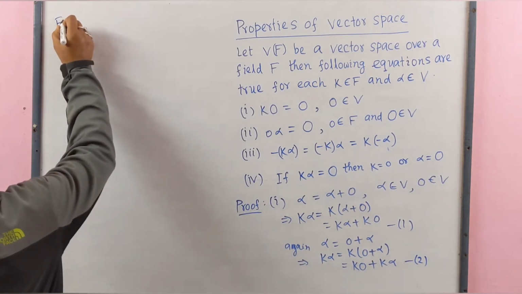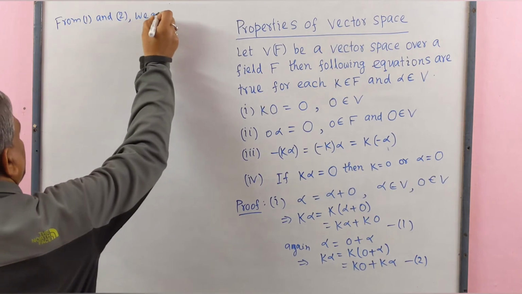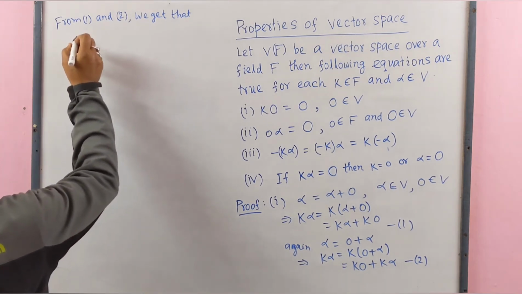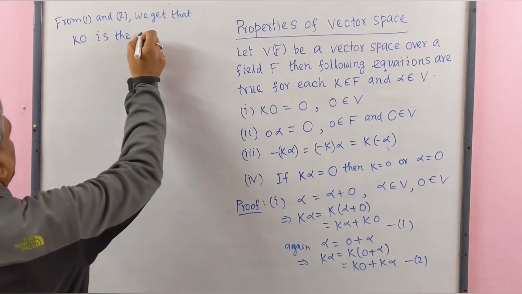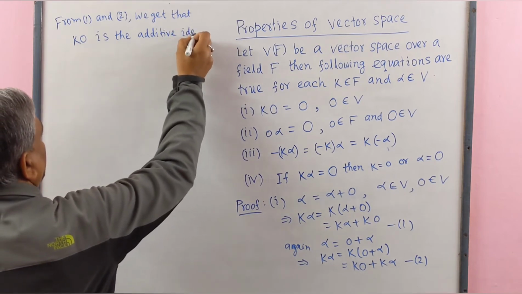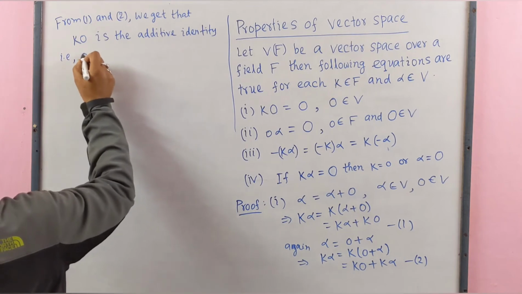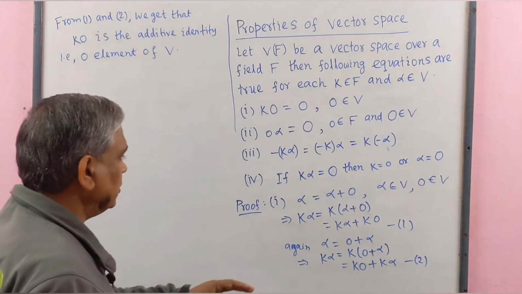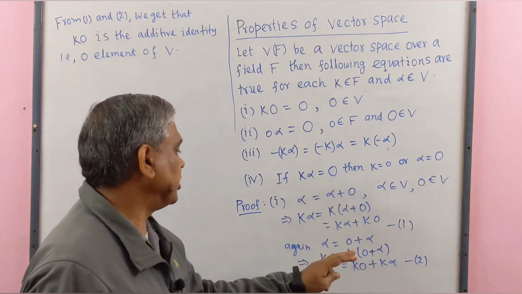From 1 and 2, we get that k0 is the additive identity, that is the 0 element of V, because here we see that k alpha equals k alpha plus k0, and again k alpha equals k0 plus k alpha.